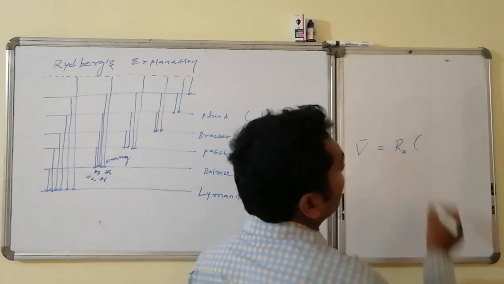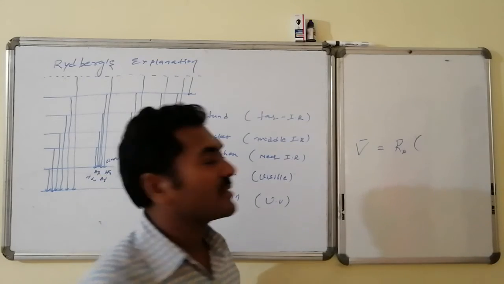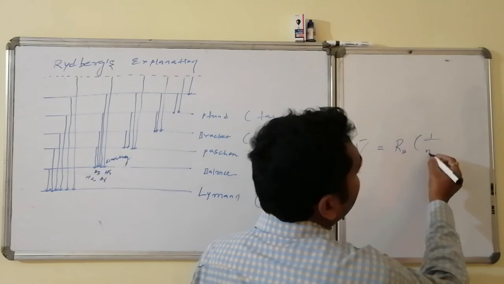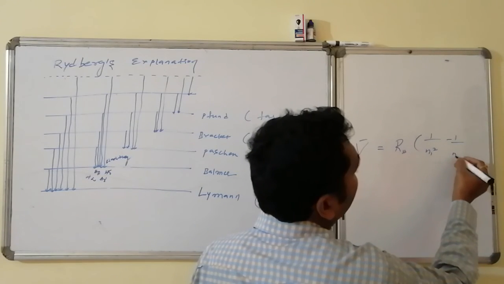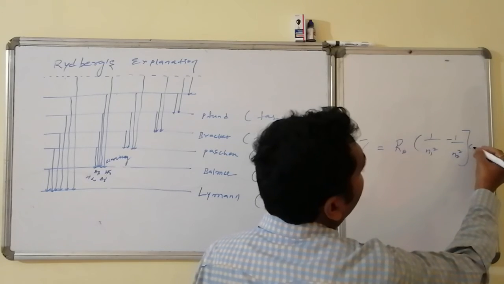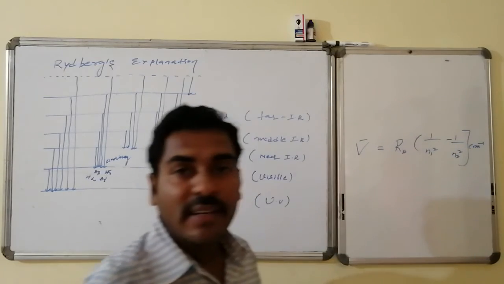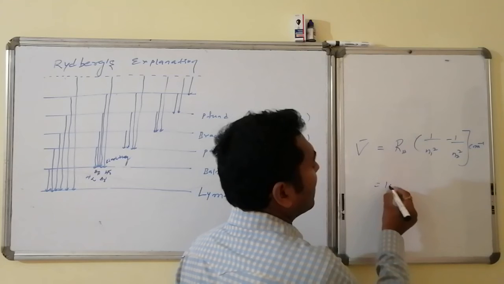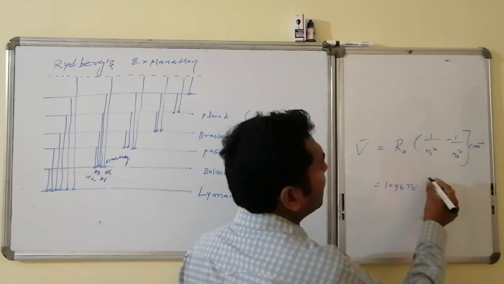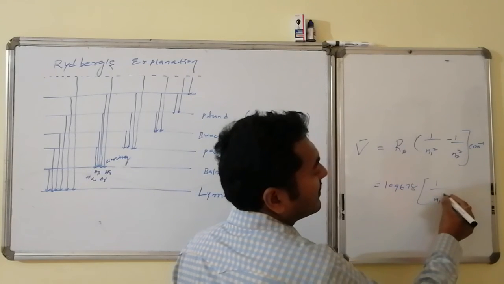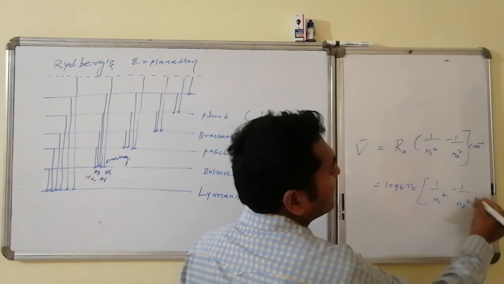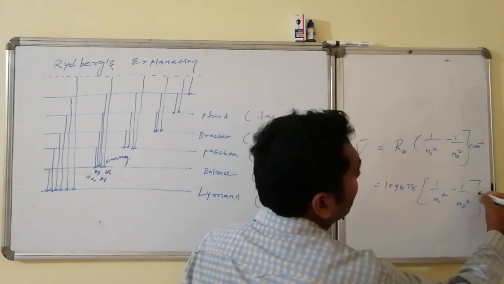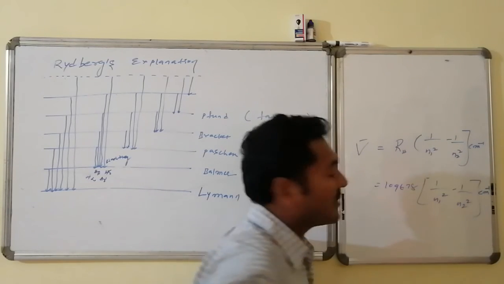Rydberg proposed the constant, that is the Rydberg constant, times 1 by n1 square minus 1 by n2 square, in centimeter inverses, whereas that value is found to be 109,678 of 1 by n1 square minus 1 by n2 square in terms of centimeter inverses.